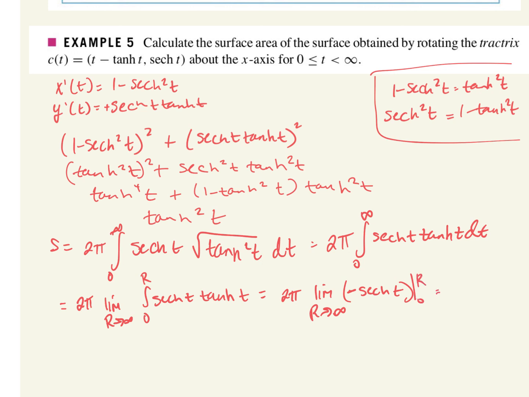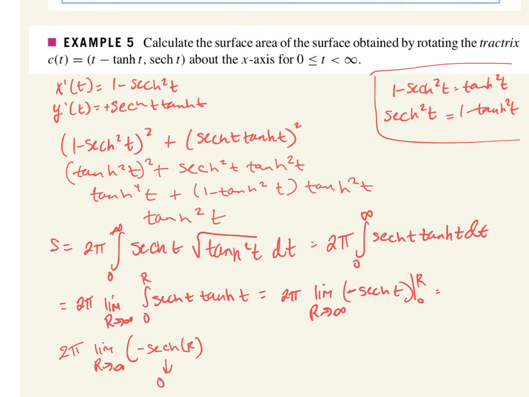And that's going to equal, now if we evaluate this limit, or if we evaluate the r to 0 first and then the limit, we have a 2 pi limit as r goes to infinity of negative sech r. The book gives an explanation. I don't have time, I'm sorry.